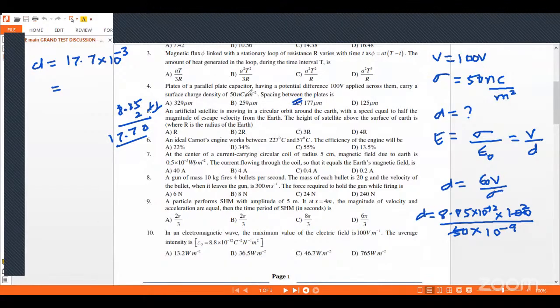Here they give nanocoulomb per centimeter square by 10 power minus 4. So this is into 10 power minus 4, 10 power minus 16 by 10 power minus 7. Here it is.